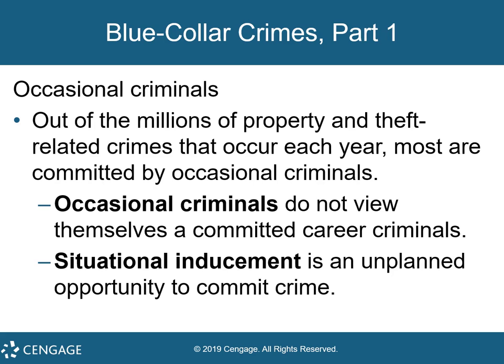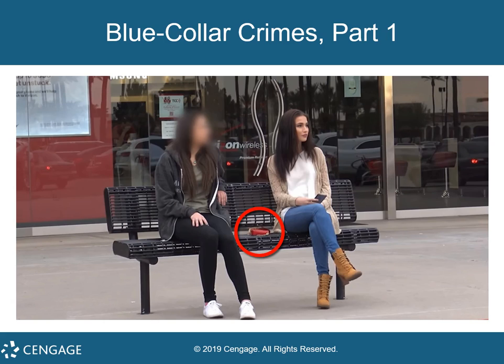And occasional property crime often occurs when an unplanned opportunity to commit crime, and we call this situational inducement, suddenly presents itself. So we're talking about opportunistic crimes, if you will. Like an unlocked car door, or a purse left on the counter, or an unobservant store manager not paying attention.